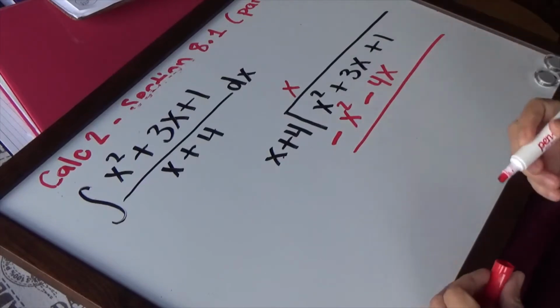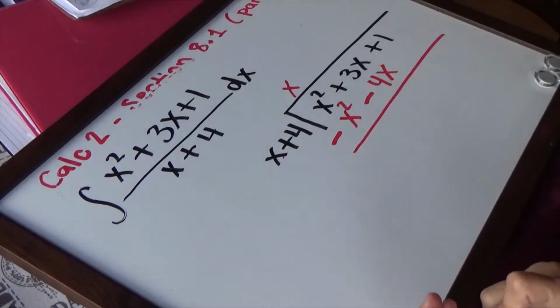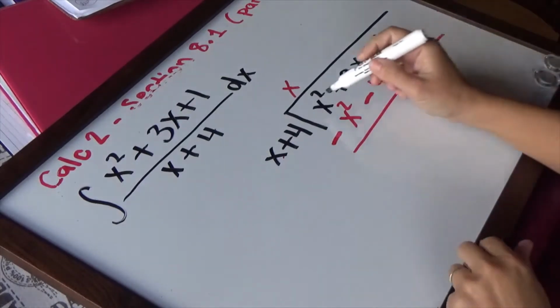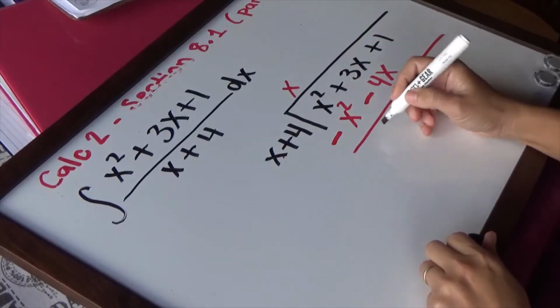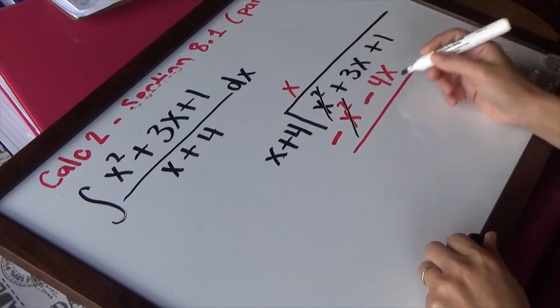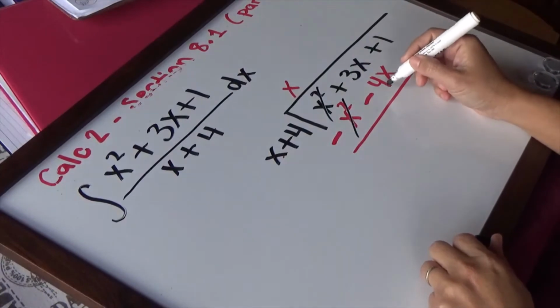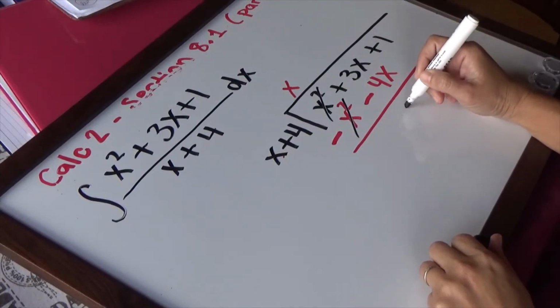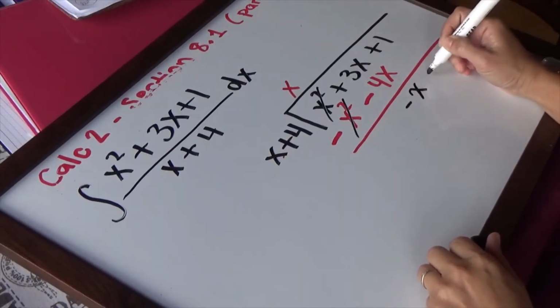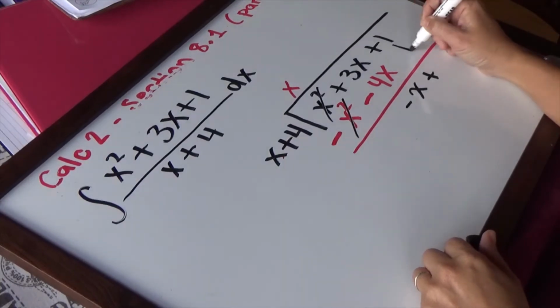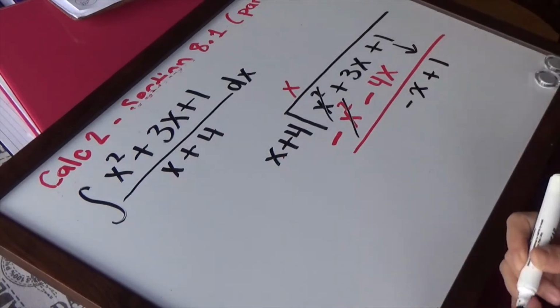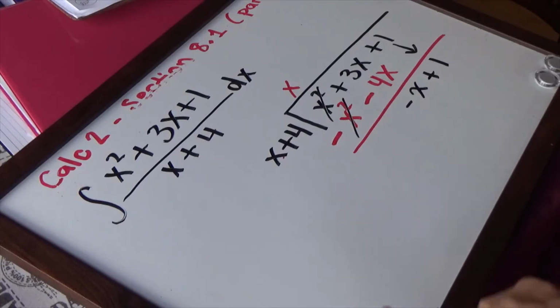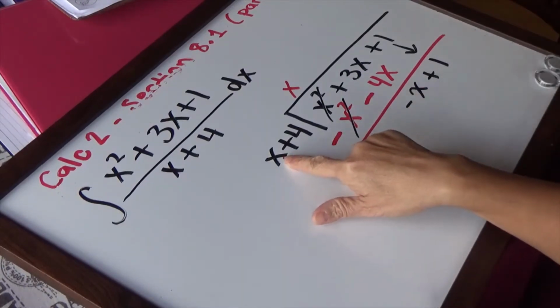Okay, so then you will have x squared minus x squared. That's gone. 3x minus 4x is negative x plus 1. Carry down the 1. That's how it goes, right? And then you look at this and you will say, well, I have x here.